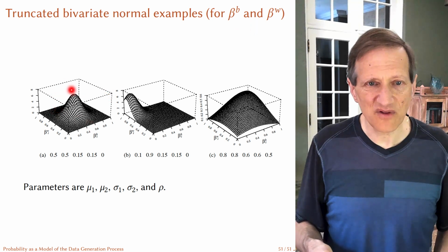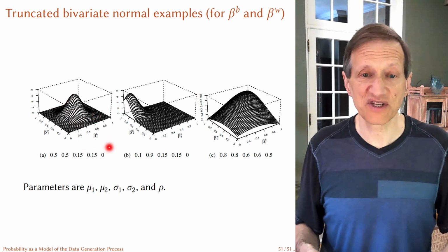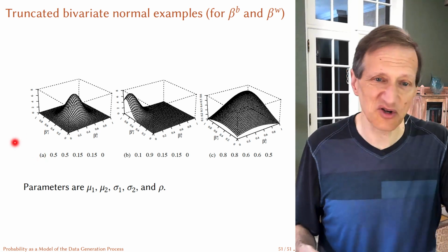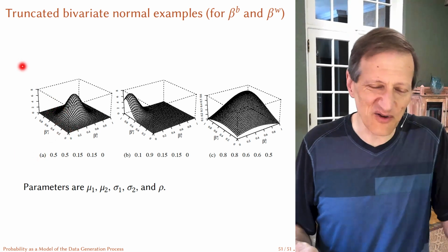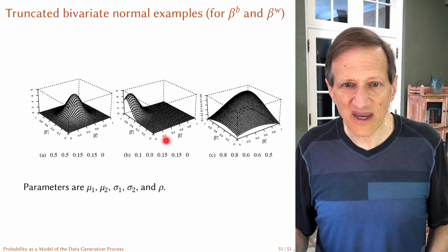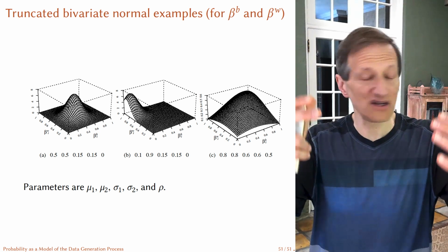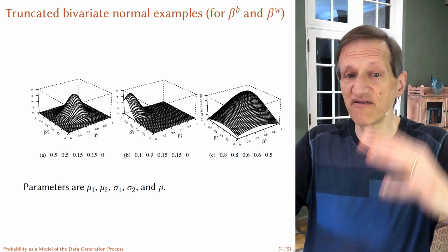Here the mean is in the middle for both variables. The variables for this particular picture are beta b and beta w. In the previous page it was y1 and y2, but that's totally fine. Here the mean is low here and high here, and the height is basically a histogram, but a bivariate histogram.